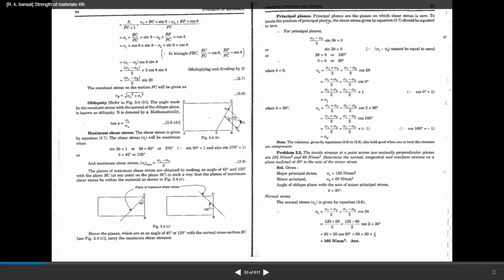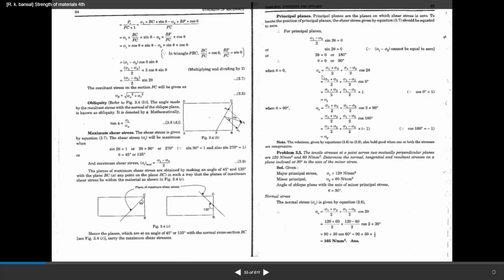See, principal planes. Principal planes are the planes on which shear stress is zero. To locate the position of principal planes, the shear stress given by equation 3.7 should be equal to 0. For a principal plane, sigma 1 minus sigma 2 by 2 sin 2 theta equal to 0, sin 2 theta equal to 0, 2 theta equal to 0 or 180, theta equal to 0 or 90.